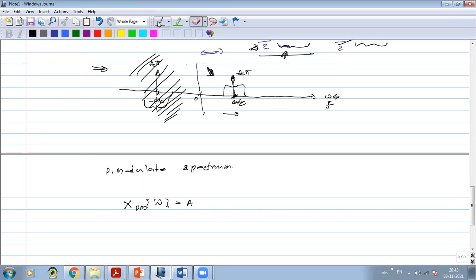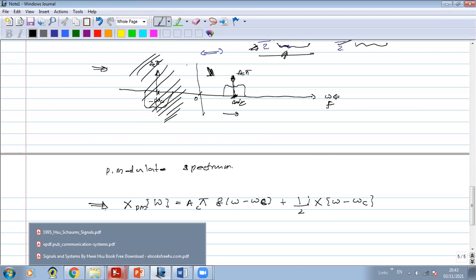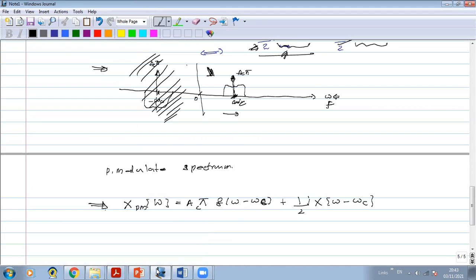AC means the amplitude of the carrier signal. So it is AC pi delta(omega minus omega c) plus half j X(omega minus omega c). So this is the frequency spectrum, the general spectrum.